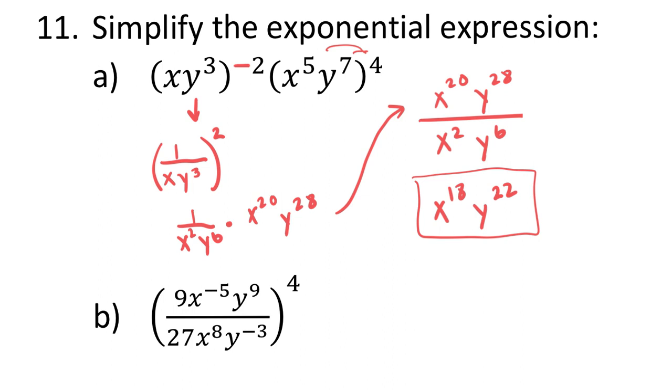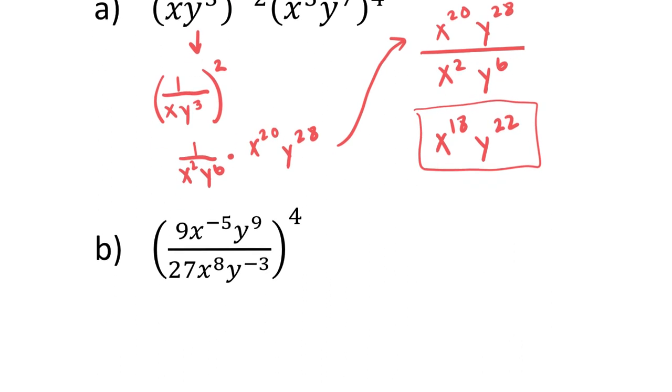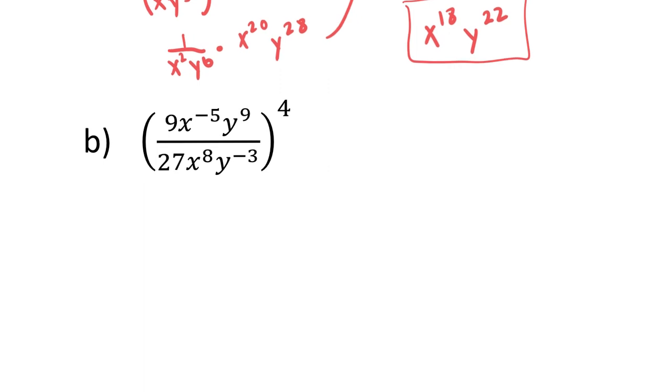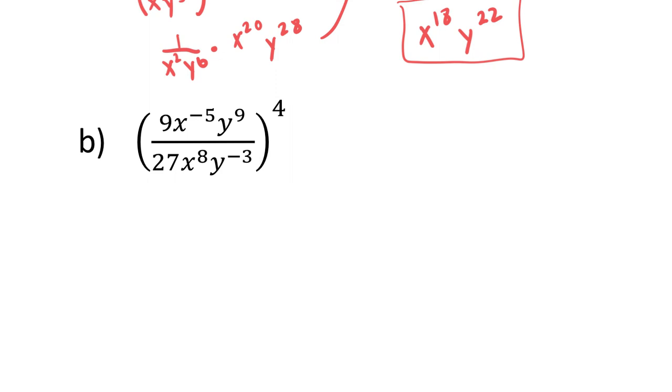On B, a very similar idea. We want to reduce inside the parentheses first. So I'm going to reduce 9/27 to 1/3. I'm going to bring that x to the 5th down, and it's x to the 8th, x to the 5th is x to the 13th. And let's bring that negative 3 up, that becomes y to the 12th.